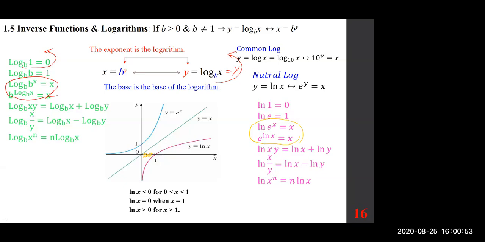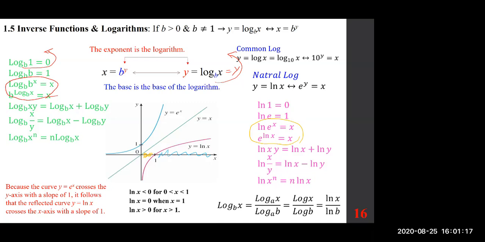So if we are here, then the graph is above the x-axis and ln becomes positive. All right. We discussed that y equals e to the power of x crosses the y-axis with a slope of 1. The same thing happens with ln x. You don't have to worry about that. That's a calculus part we discussed.